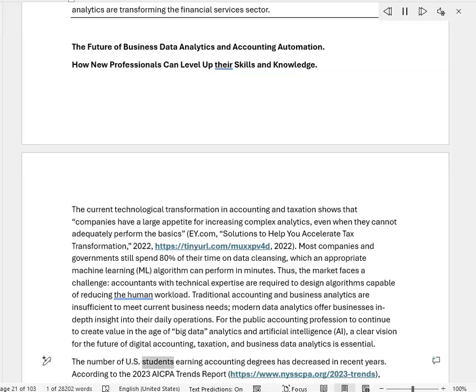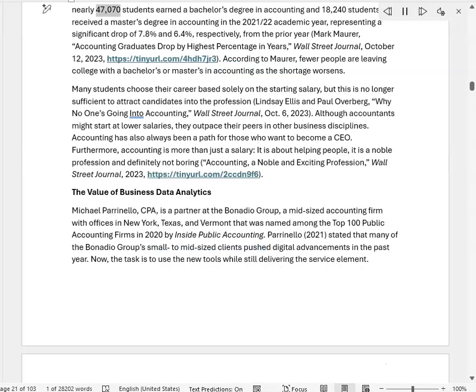The number of U.S. students earning accounting degrees has decreased in recent years. According to the 2023 CPA Trends Report, nearly 47,070 students earned a bachelor's degree in accounting and 18,240 students received a master's degree in accounting in the 2021/22 academic year, representing a significant drop of 7.8% and 6.4%, respectively, from the prior year.